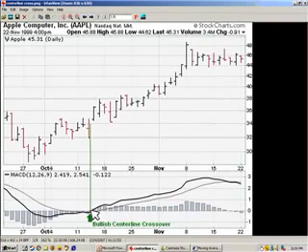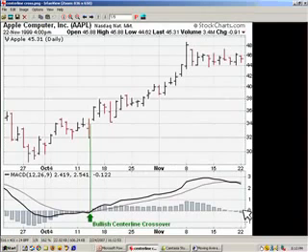So this in and of itself is a long signal: MACD crossing the zero line to the upside. Of course, once MACD turns and rolls over, crosses the zero line to the negative side, then a centerline crossover in that case would be considered a bearish signal.